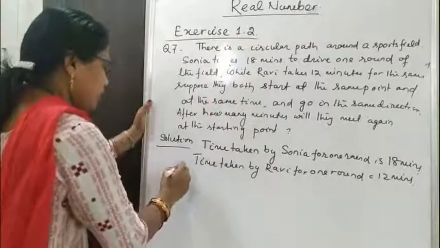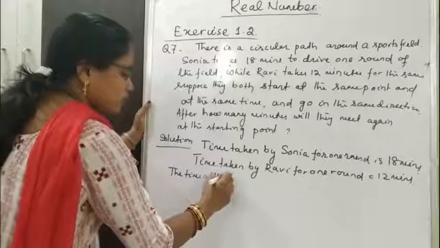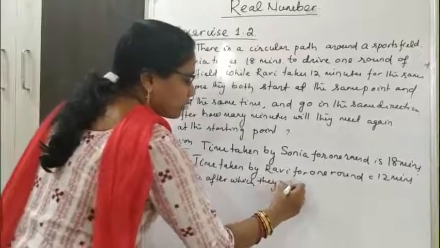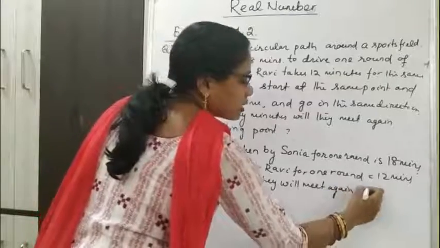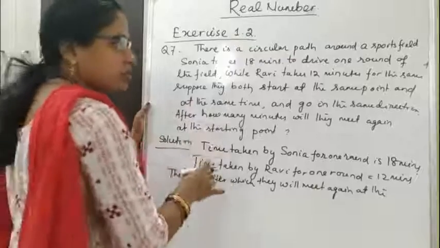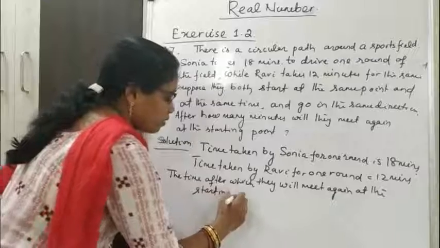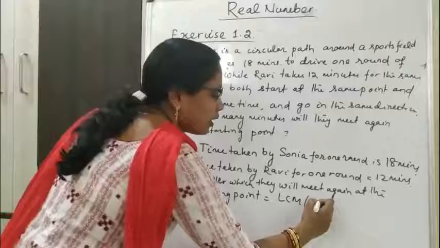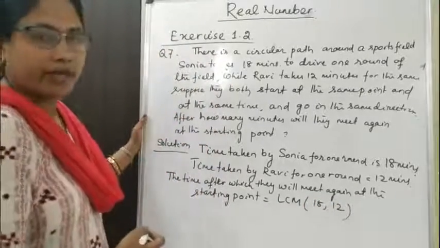So the time after which they will meet again at the starting point, because they start at the same time from the starting point, is the LCM of 18 and 12. So we have to find the LCM of 18 and 12.